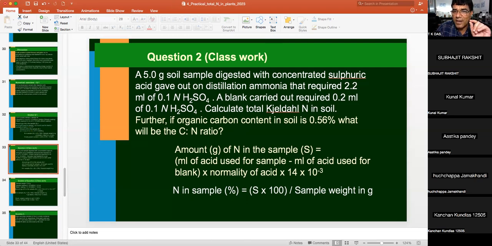A blank carried out required 0.2 ml of 0.1 normal H2SO4. Calculate total Kjeldahl nitrogen in soil. Further, if organic carbon content in soil is 0.56%, what will be the C:N ratio? So you need to calculate the total nitrogen percentage in soil, and then work out the C:N ratio. Your time starts now.